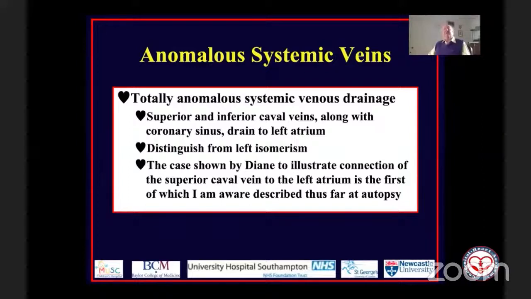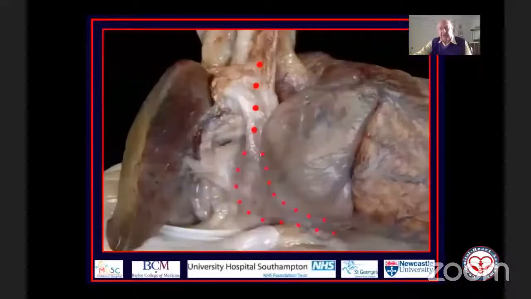And this is one of the features that became apparent to us as we went through these cases that we are preparing for you today to demonstrate the features of anomalous systemic veins. So let me finish by showing you the pictures that Diane took of this particular case.